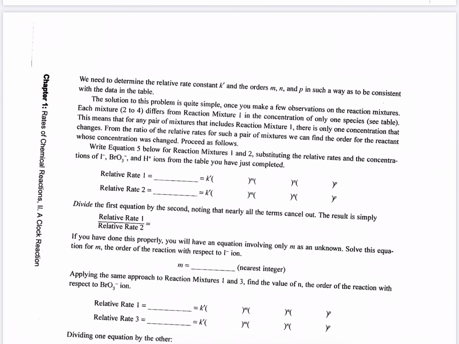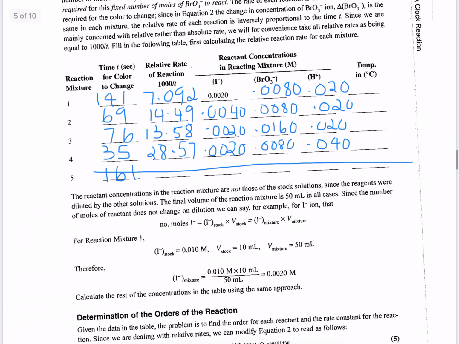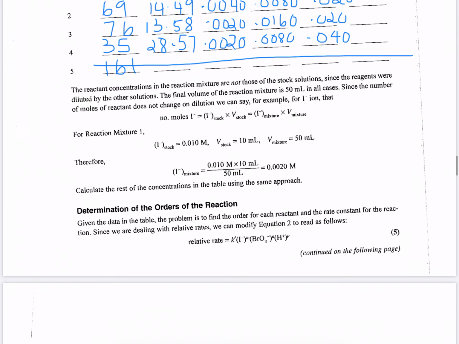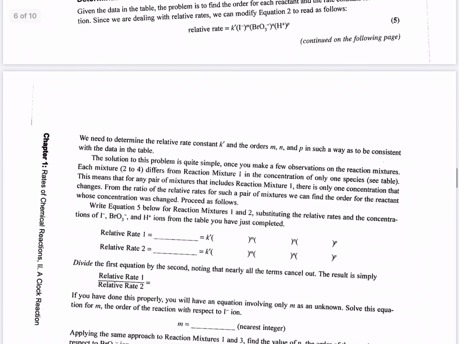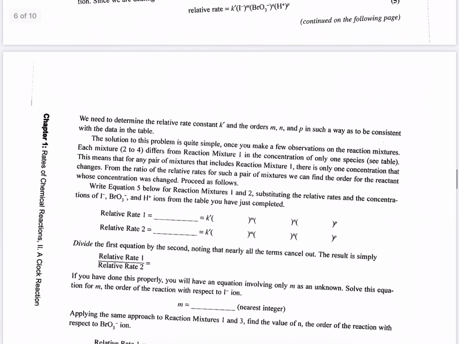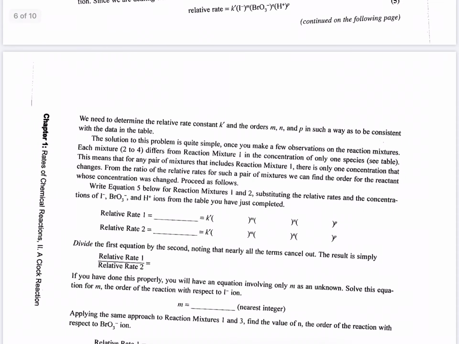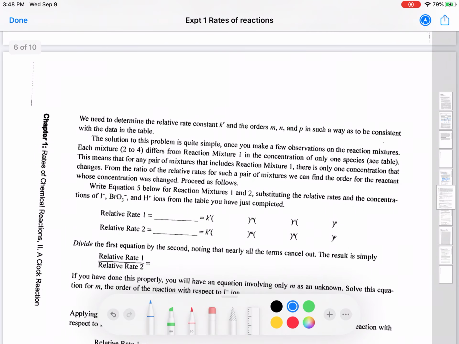Okay, let's say relative rate 1. Now we found the relative rate 1 as 7.092. So you're going to go ahead and write down that information.